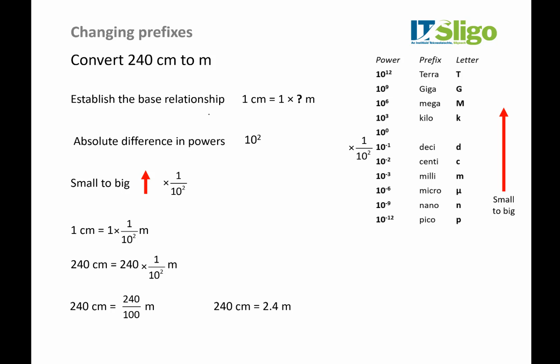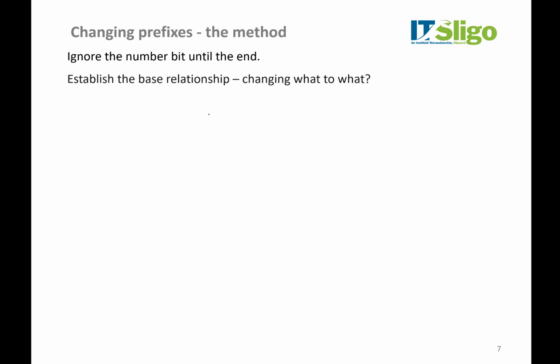So like I said, some of them, guys, you might be able to do that in your head, but it's important to have a technique that will work. So now I'll describe the method. Ignore the number bit until the end. Establish the base relationship. This applies, guys, to all the problems we'll be looking at today.